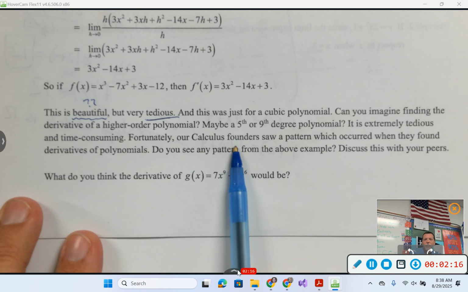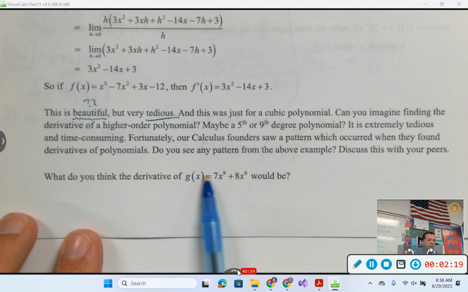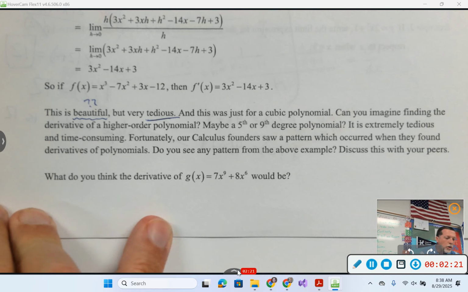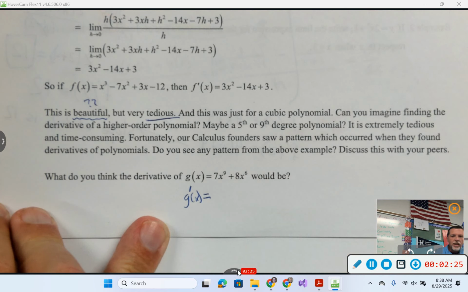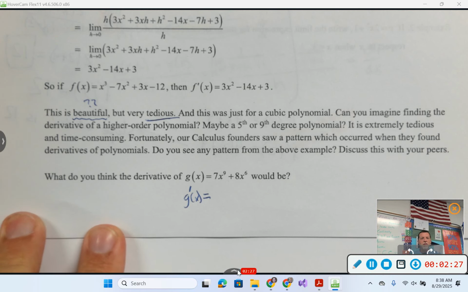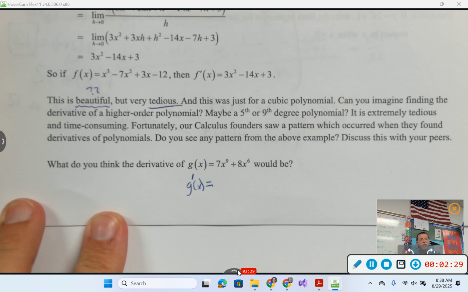Fortunately, the calculus founders saw a pattern after they did a bunch of these. I think you know the pattern. So, somebody want to tell me what the derivative of 7x to the 9th plus 8x to the 6th is? I don't want to pull a popsicle stick because I don't know how well we know the shortcut. Barrett, go ahead.